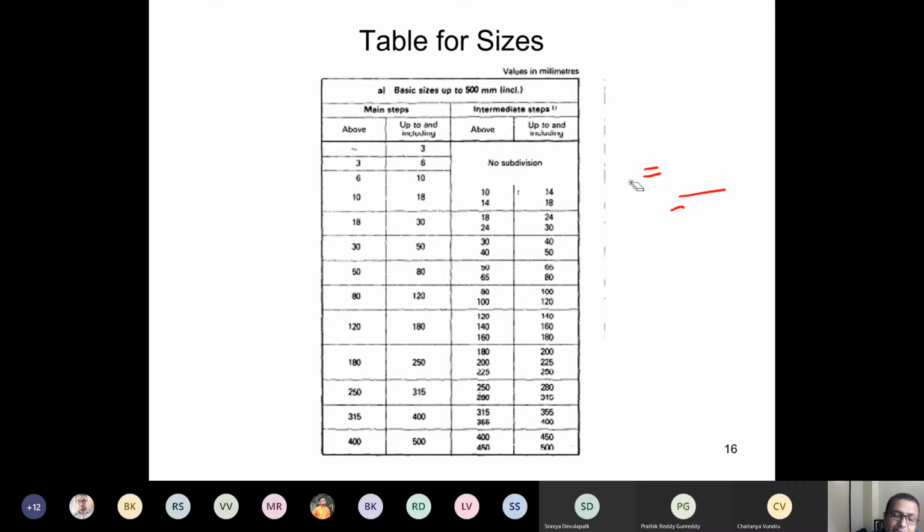Now, based on that D, there is a standard tolerance unit, which is different for different diameters. That's the concept you have to understand.